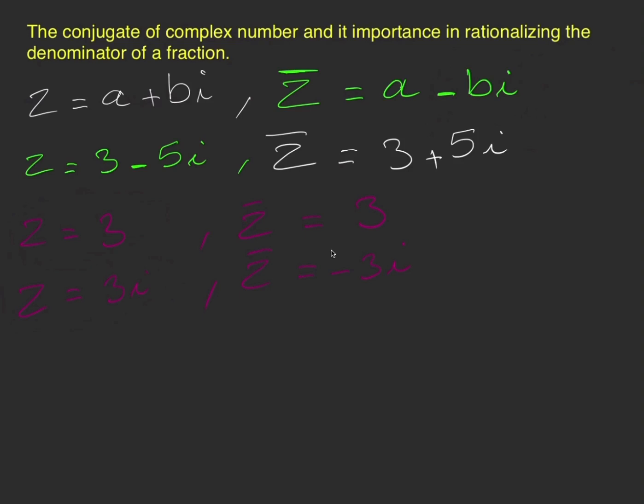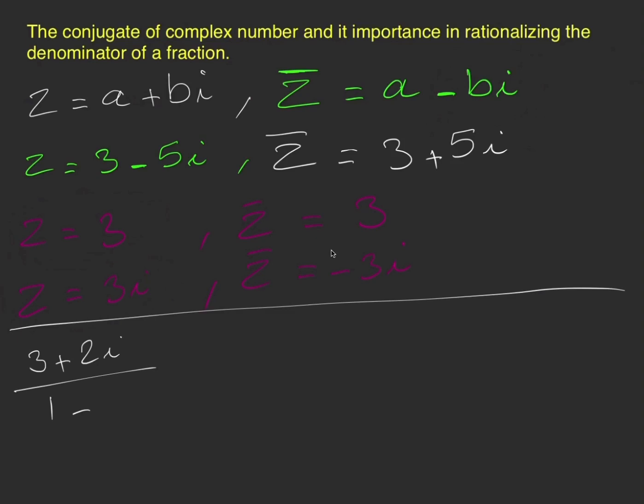Sometimes we have a complex number in the denominator. For example, we have (3 plus 2i) over (1 minus 6i).